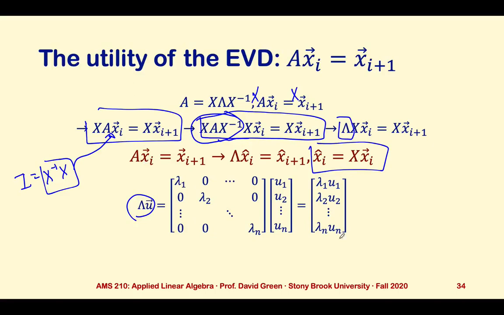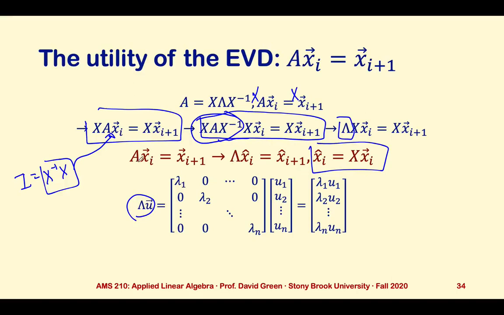Diagonal matrix multiplication is cheap, which means if we want to evaluate a sequence of these, we can start off by converting our starting vector into a version x hat, and then do everything we want using lambda instead of A.